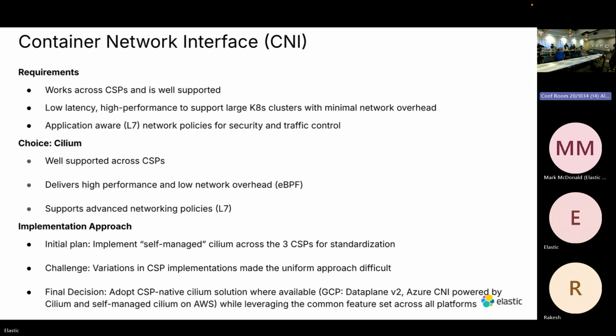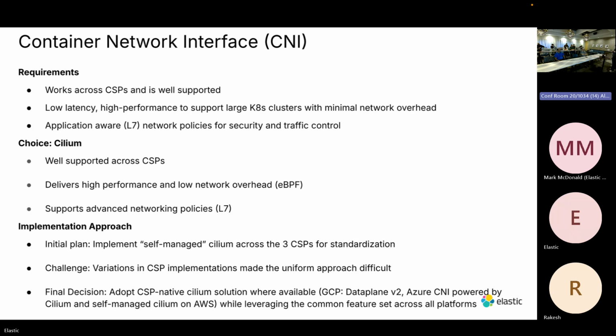When we looked at a bunch of tools, which I didn't have on this slide because the list was much bigger than the previous slide, we eventually chose Cilium because that's a product that's coming up, which meets all the requirements.